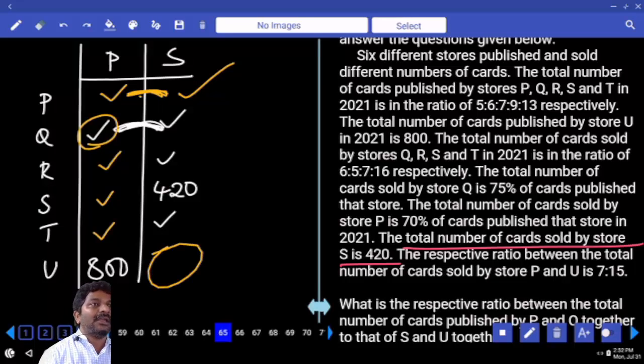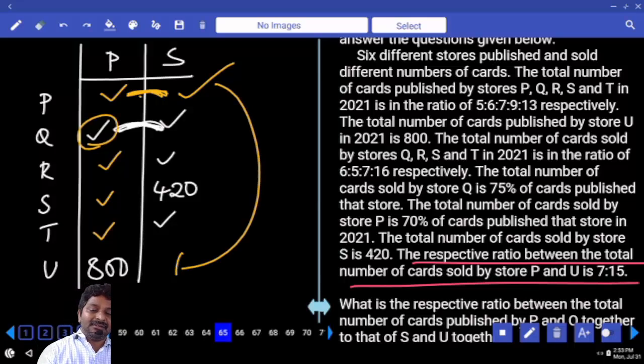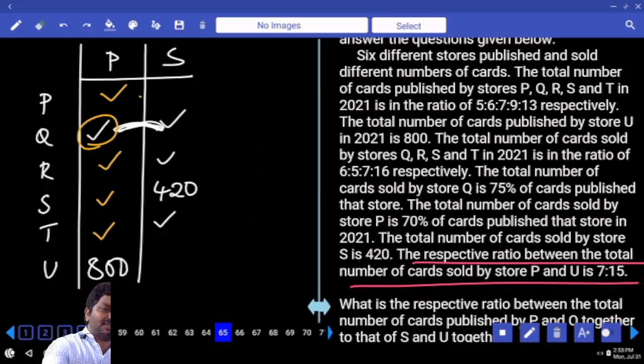Can you fill this number? Not yet, we haven't reached there. The respective ratio between the total number of cards sold by P and U is 7:15. Now you have the relation between P and U sold. Right, so that's what you just need to do.